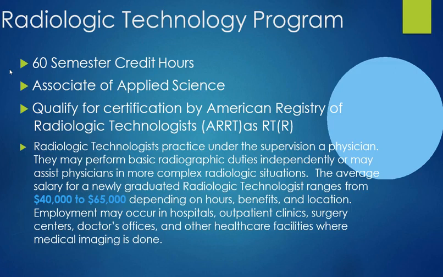That's the big thing. Graduation is all good, but to become a registered and certified tech in the United States, you have to pass this exam from the ARRT, and you have to pass it with a 75 or above. That's what we're working for during the 5 semesters in our program.